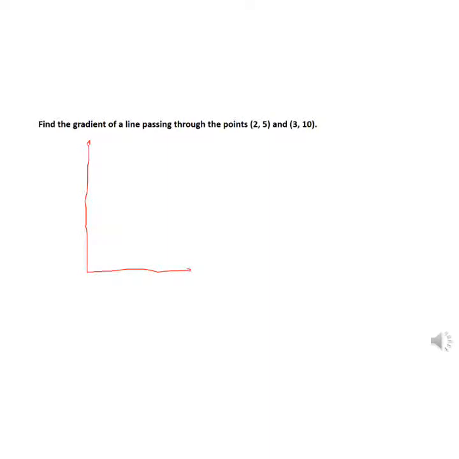So now here we have a 2, and now here we have a 3. And now here we have 5. And now here we have 10. This is the y-axis. This is the x-axis. So now 2 and 5, you have to plot point 1.